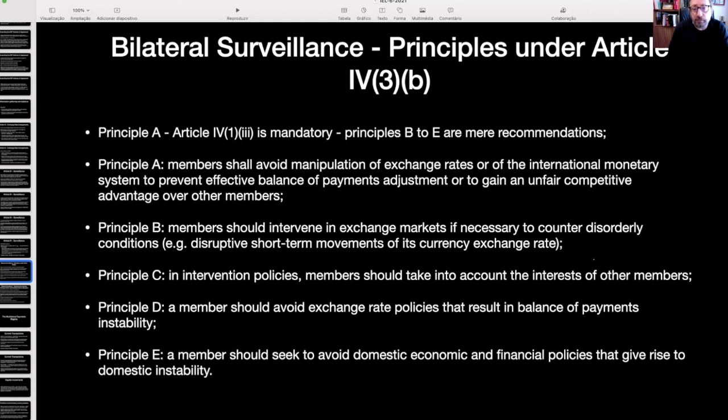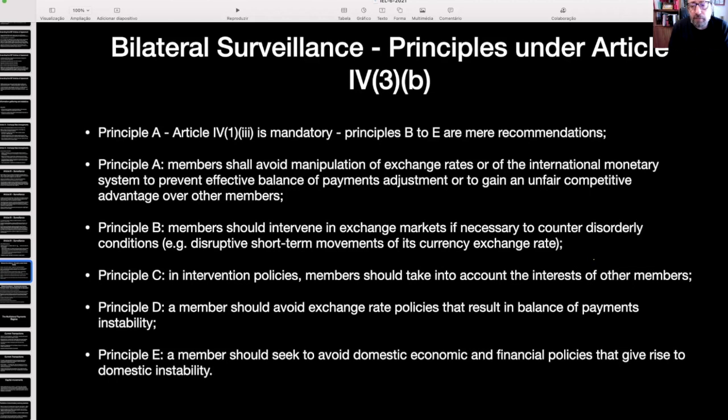They should avoid exchange rate policies that may result in balance of payments instability, and avoid domestic economic and financial policies that would give rise to domestic instability. Again, an unsustainable public budget deficit might be one of these problems. So this, again, allows the IMF significant leeway into looking into domestic public policies.